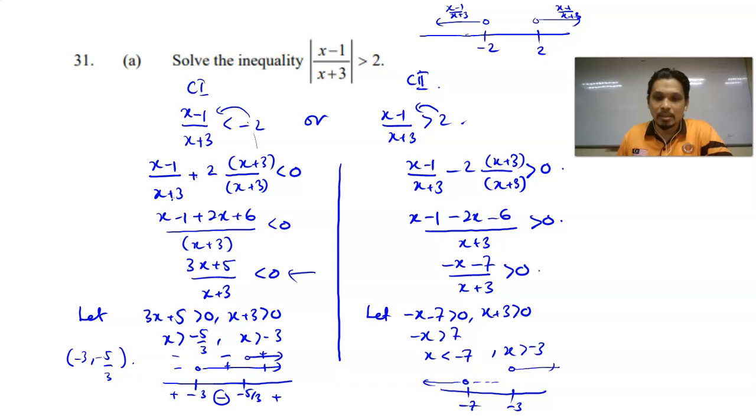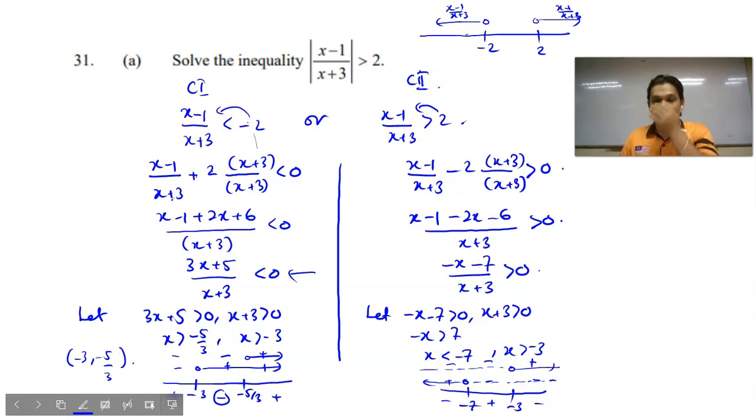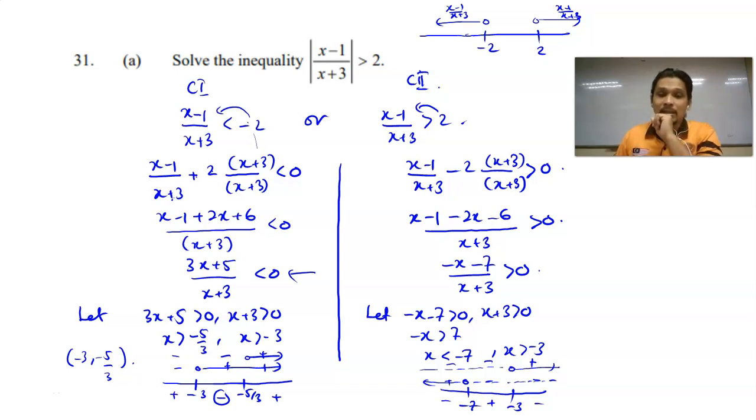So we get negative, positive, negative. Refer to this line, where everything here is greater than, and greater than is always positive. So this is solution set A1, from -7 until -3.